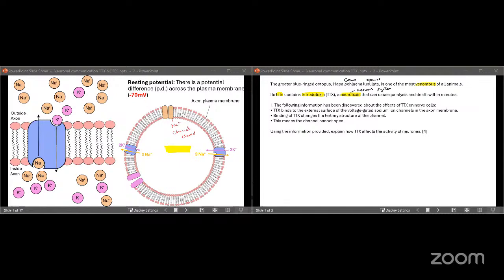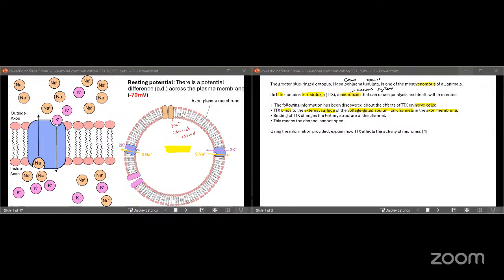A lot of the time they will give you lots of information in the question, and what they're actually wanting you to do is apply your knowledge to the situation. So if we look at this neurotoxin, what does it actually do? They've told us in the question that they discovered the effects of the neurotoxin on the nerve cells, and again, a little hint here, is that it will bind to the external surface of voltage-gated sodium ion channels on the axon membrane.